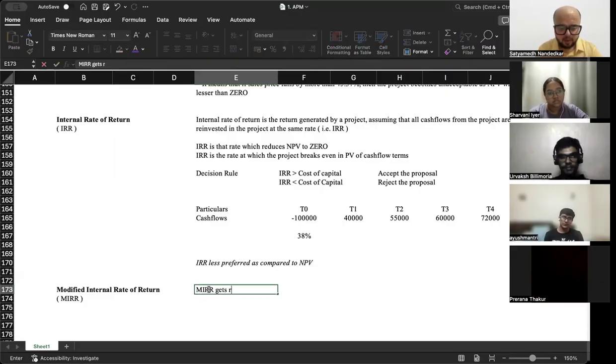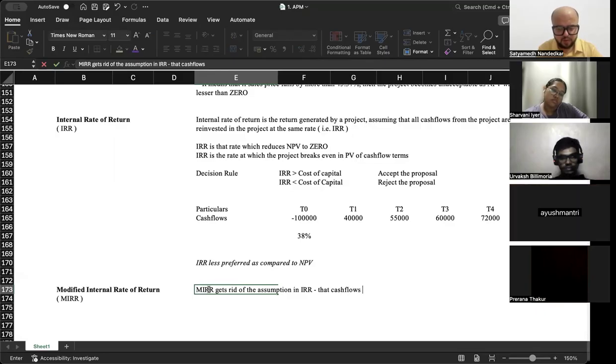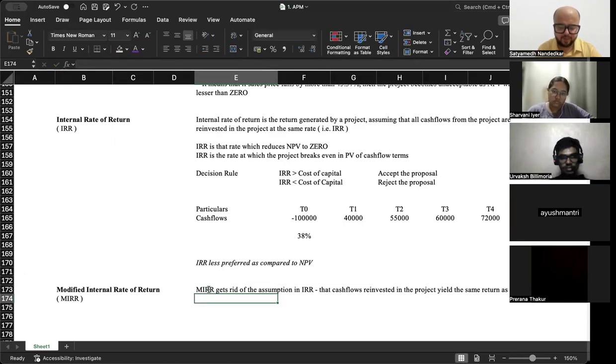MIRR gets rid of the assumption in IRR that cash flows reinvested in the project yield the same return as IRR.